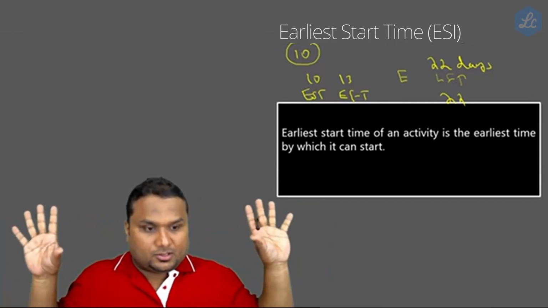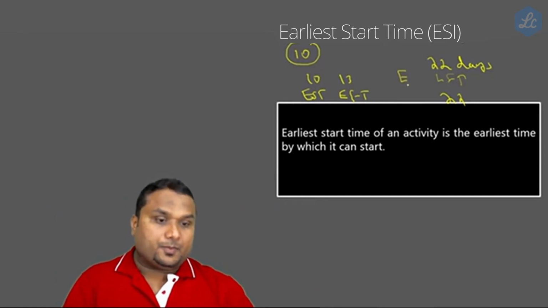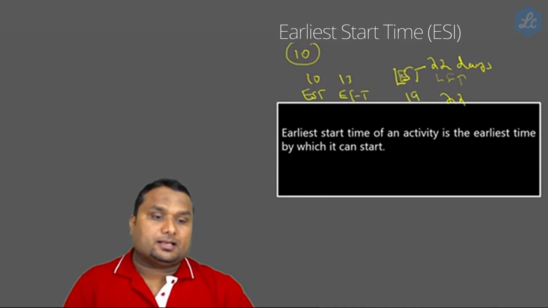If the painting is done on the 22nd day, nothing will be affected. But the painting is only a 3-day job, so it is 22 minus 3. What is 22 minus 3? On the 19th day you can start the job. This is called the latest starting time.